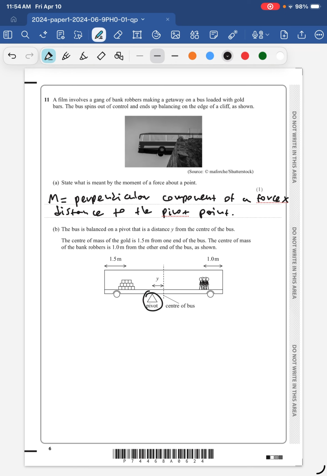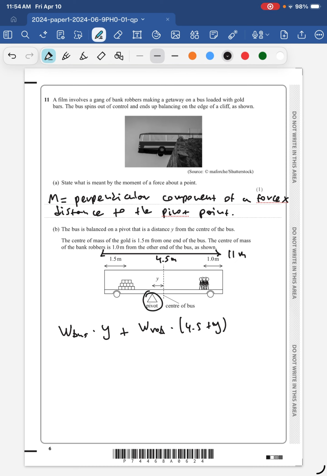Okay, so let me demonstrate it here actually. So the weight of the bus, that's a subscript, times y, right, plus the weight of the robbers times 4.5 plus y. And I got the 4.5 from the fact that the bus is 11 meters long. Therefore, the middle of the bus is at 4.5 meters, right?